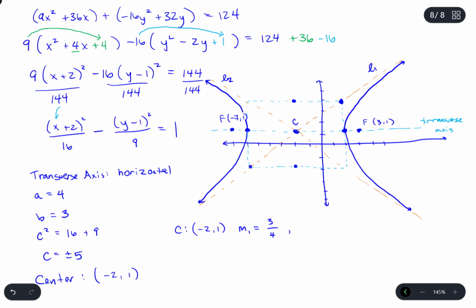This other asymptote, line 2, is going to have a slope where we would go up B and then back A. So it's going to be negative 3 over 4.